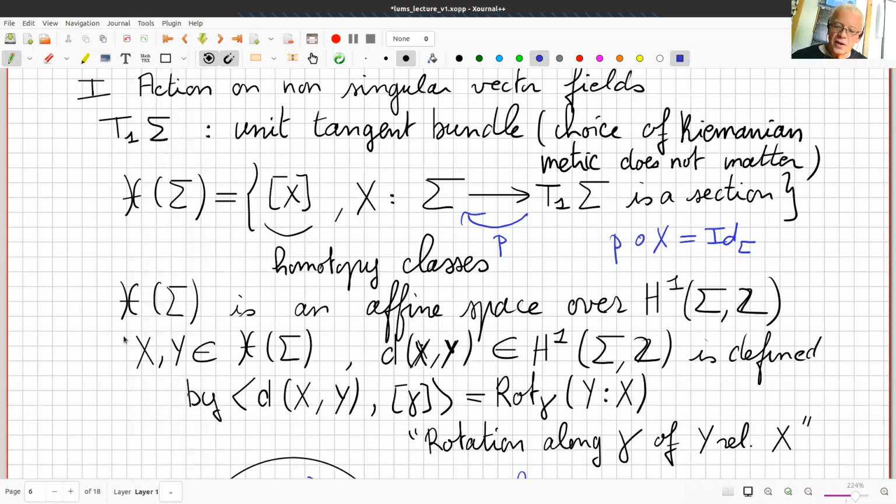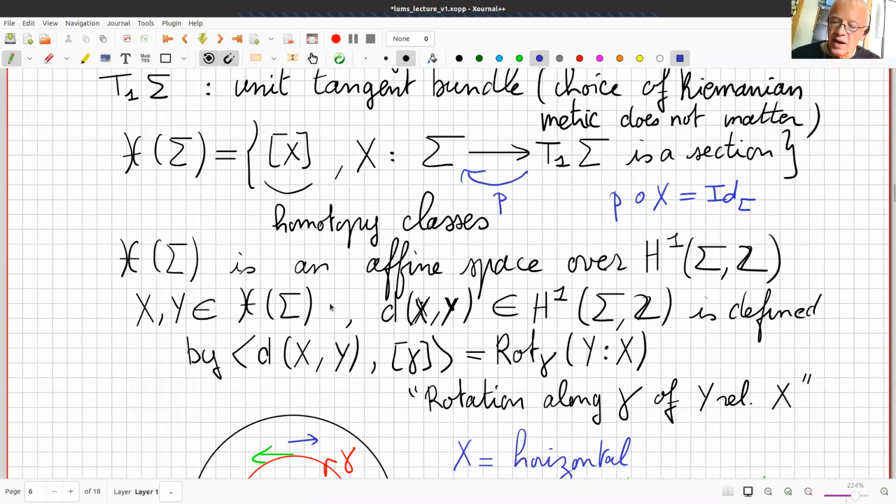And you see that when working in an affine space, you have a vector associated to two points, which is a difference. And here, this affine structure is given like this. You take two vector fields, and you have a difference in some sense, which lives in H1 of sigma, which is a cohomology class, and it's defined by a rotation number. I will draw the best expression with this picture.